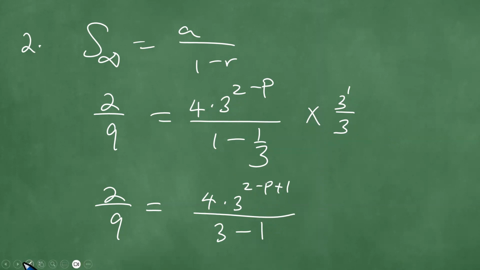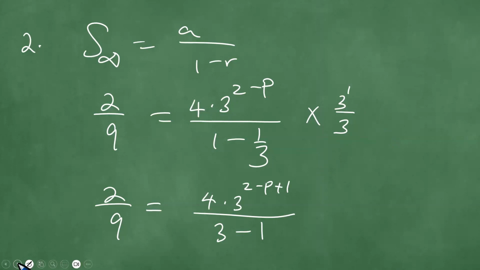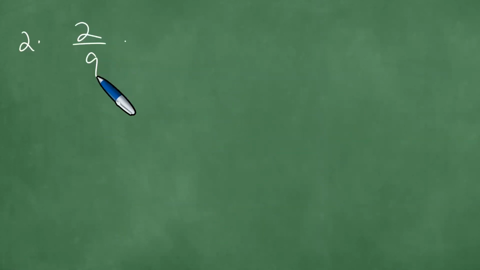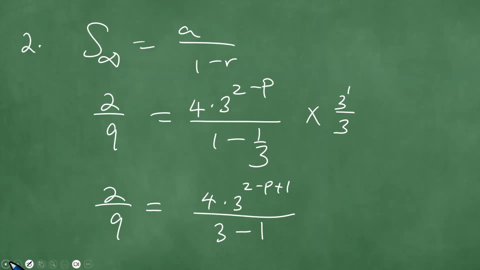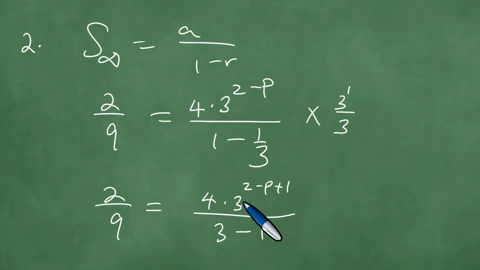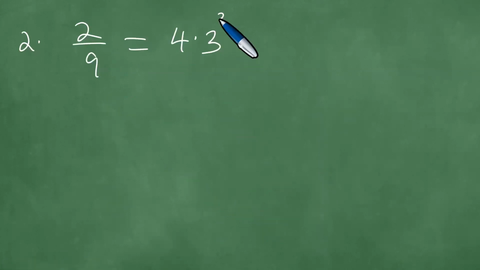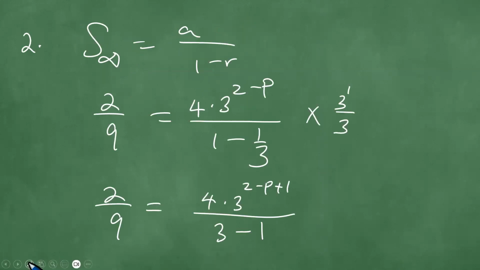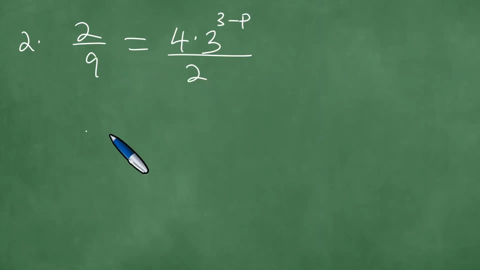Now the second thing: we have that 2 out of 9, which is 4 times 3 to the power 3 minus p over 3 minus 1, which is 2. Divide 4 by 2, get a 2.